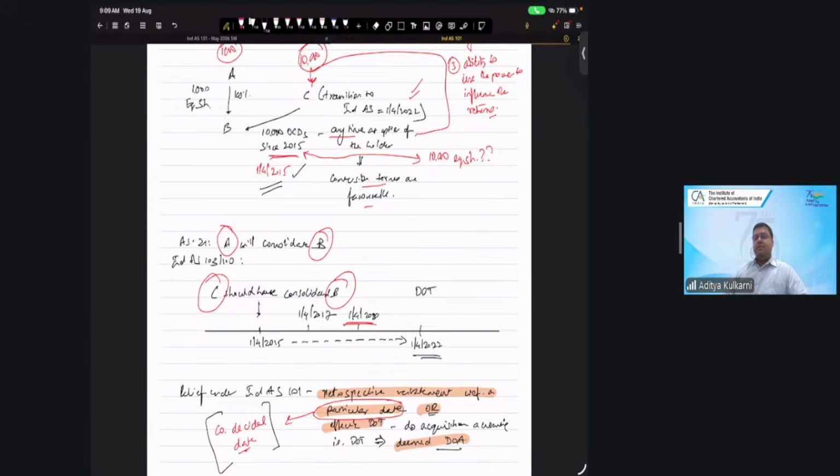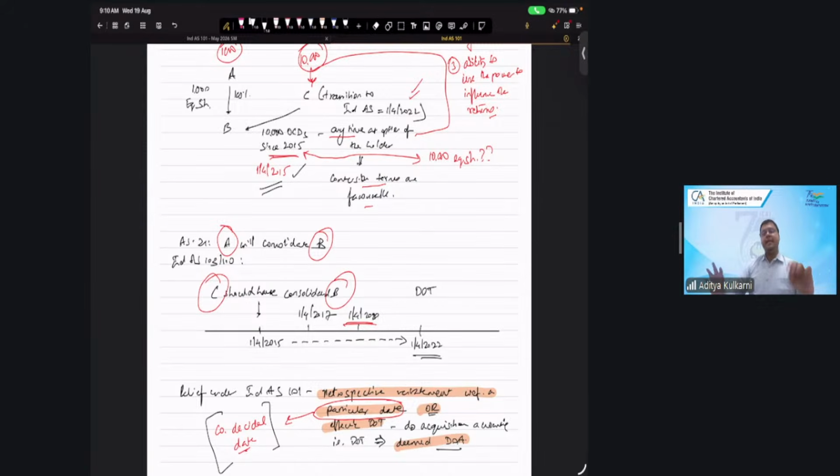What C can say is, fine, I will consolidate with effect from 31st March 2020. Are you able to follow?